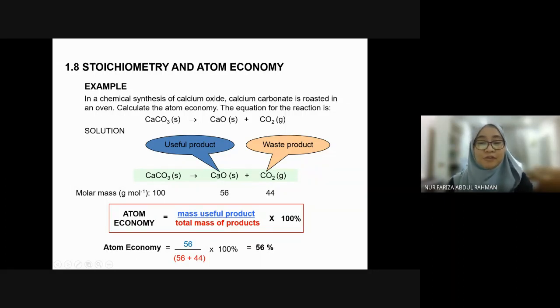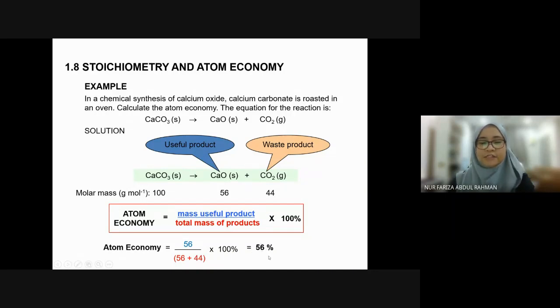We want to produce our targeted product, but at the same time we also produce this byproduct, which is called waste product. The molecular mass of CO2 is 44. So using the atom economy formula, mass of useful product, which is 56, over 56 plus 44, times 100, is equal to 56%.